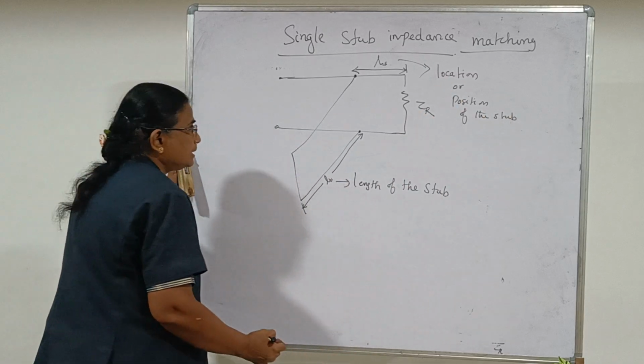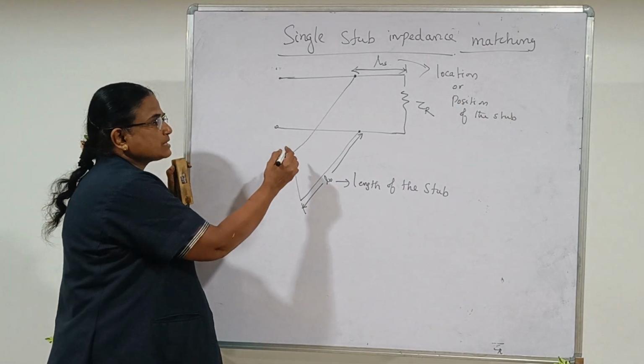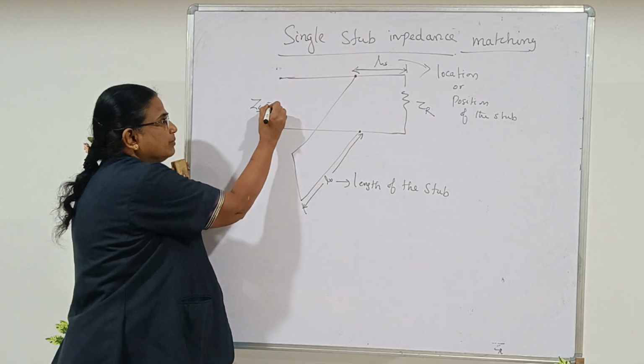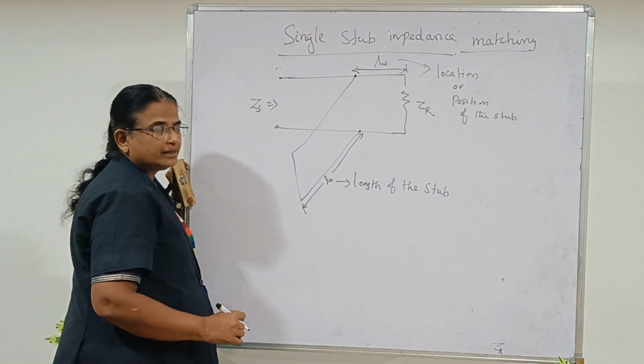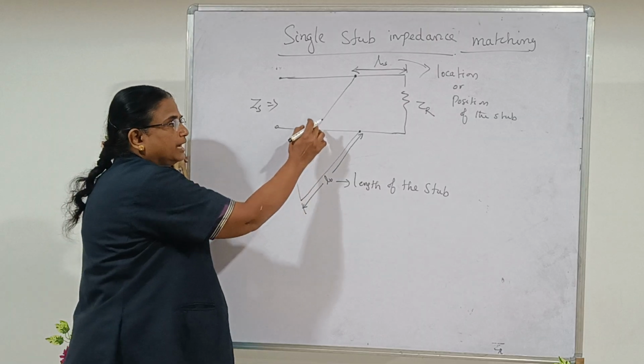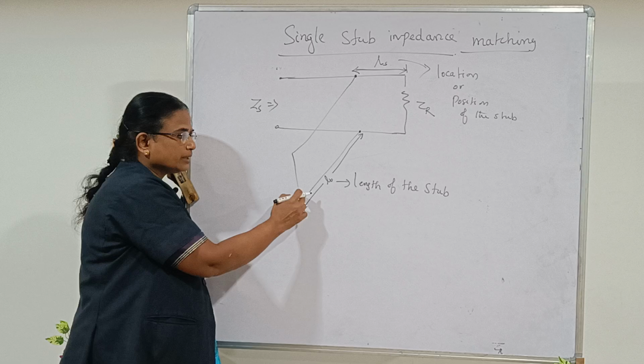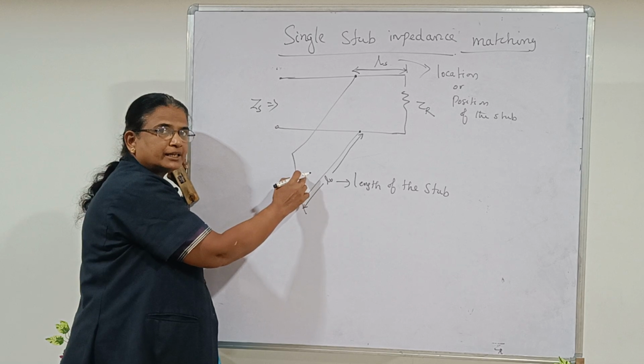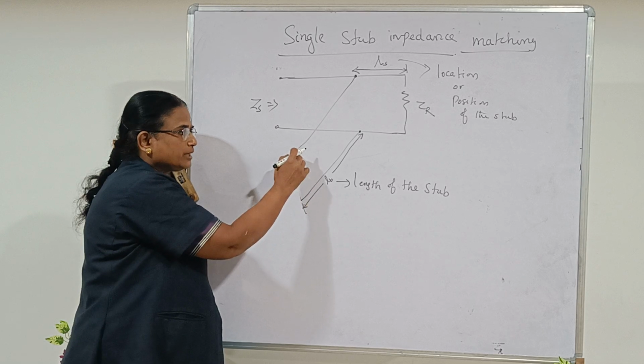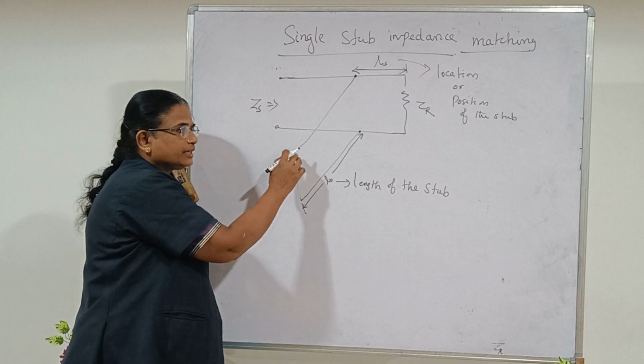Now, since the stub is connected in parallel with the main transmission line, we know that the short circuited line contributes a purely inductive reactance. So it offers only a reactive component.